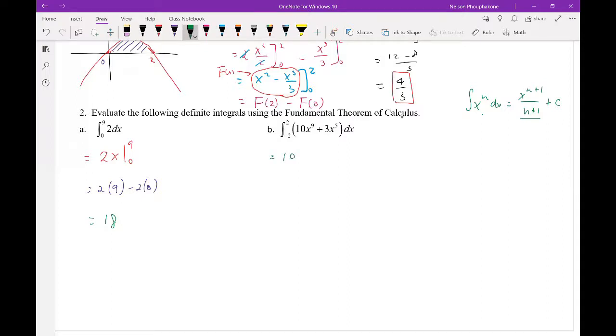It will be 10 x to the 9 plus 1 over 9 plus 1 plus 3 x to the 5 plus 1 over 5 plus 1, right? We integrate between -2 and 2. Then now you will see that these cancel. So I have x to the power of 10 minus this and this, no, plus, right? x to the power of 6 over 2.